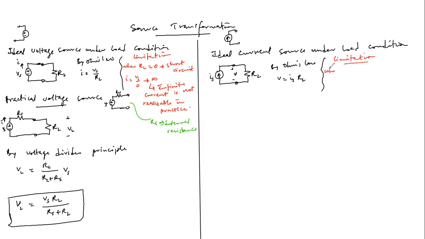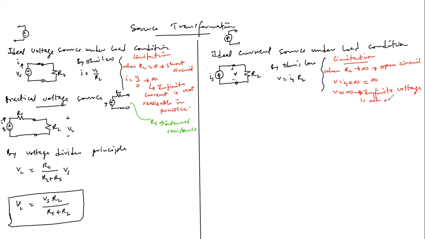So, when RL tends to infinity, that is, it is replaced by an open circuit, we'll see that V will be IS times infinity, making it tend to infinity. So V here is equal to infinity. And we know that infinite voltage is not realizable in practice, okay?